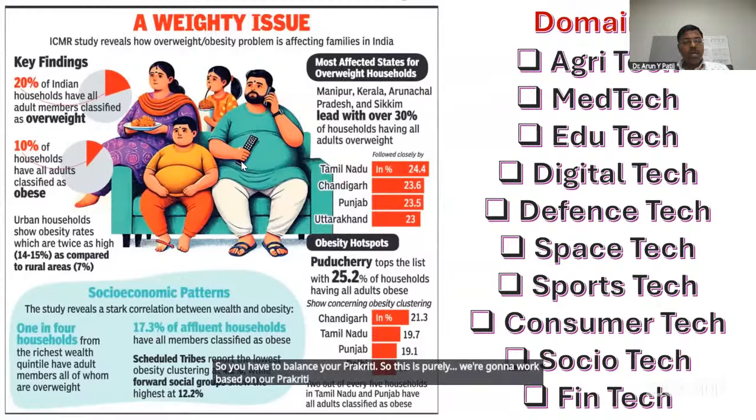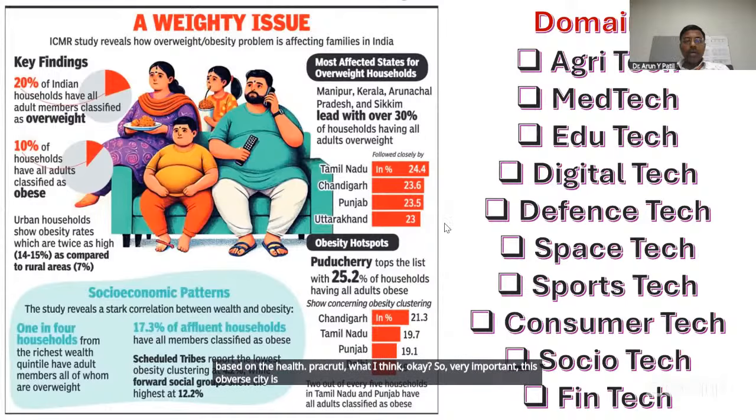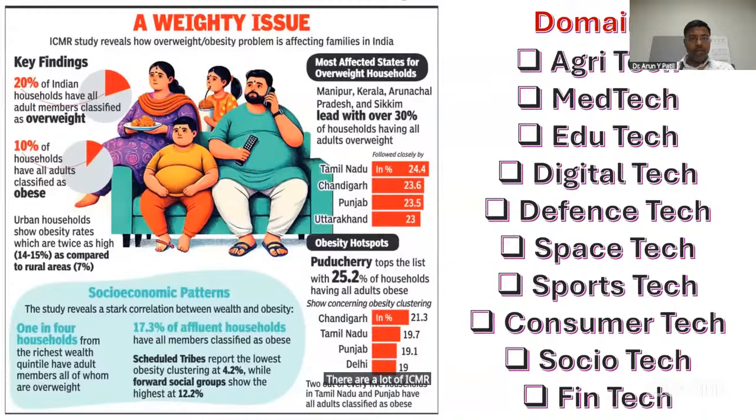We have to consume only those things, whether millets, grains, vegetables, or fruits, based on our health and Prakriti. So it is very important. This obesity is going to be a concern, and a lot of ICMR funding is now coming in front of this obesity itself.